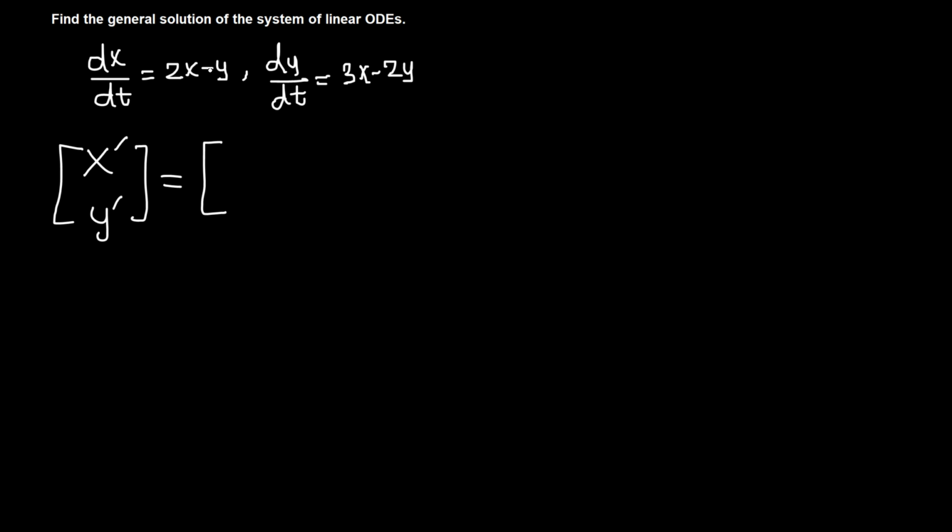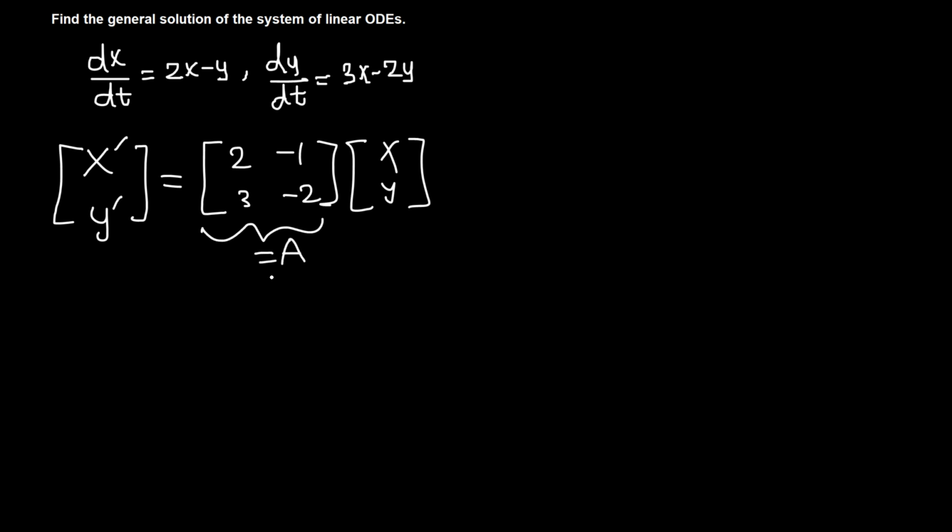So 2, -1, 3, -2, and we can write x, y. Okay, if we multiply this matrix with this vector, then we get x prime equals the first and y prime equals the second.